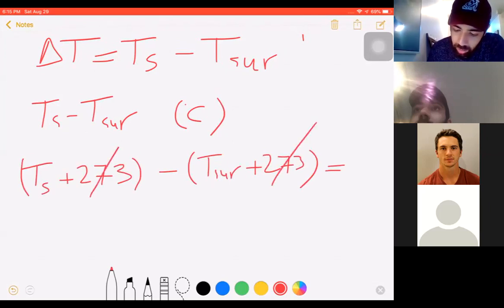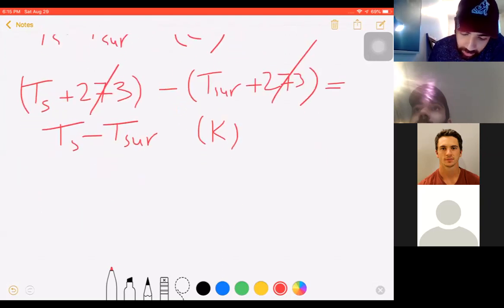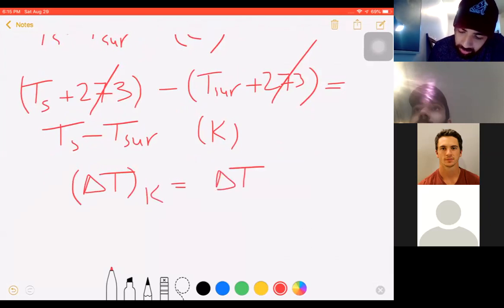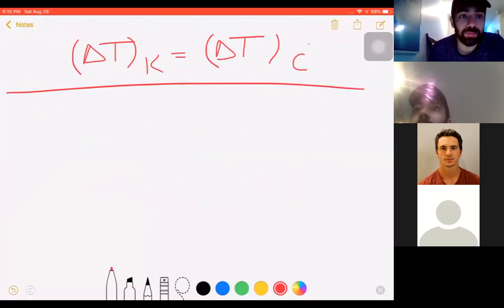These two terms remove each other. So the temperature difference in Kelvin and centigrade are both the same. So it was not important for us to choose either of them.